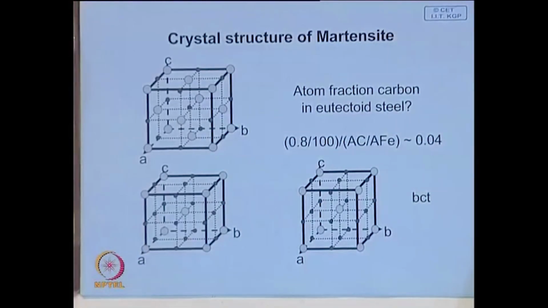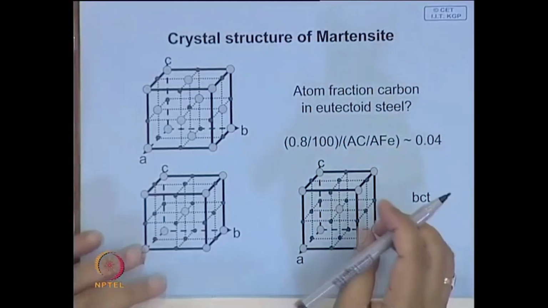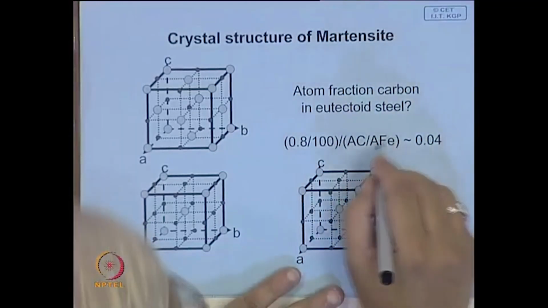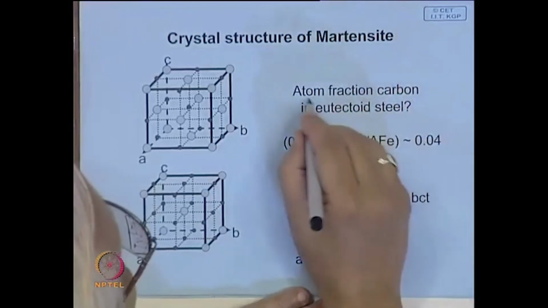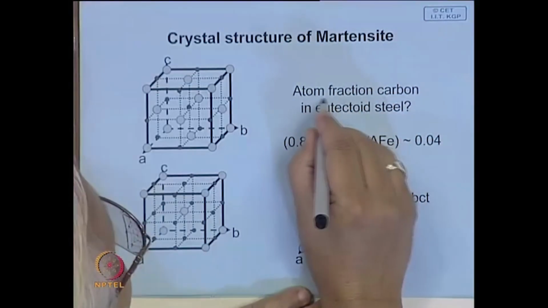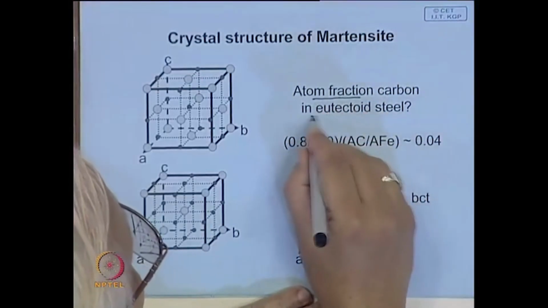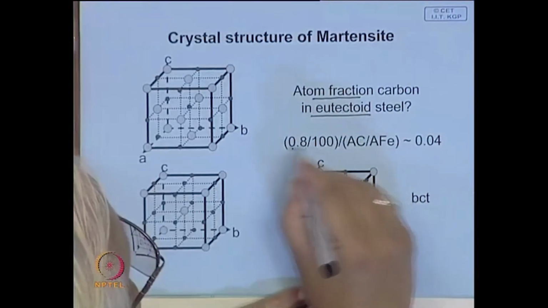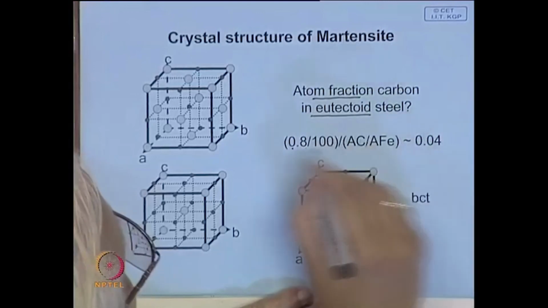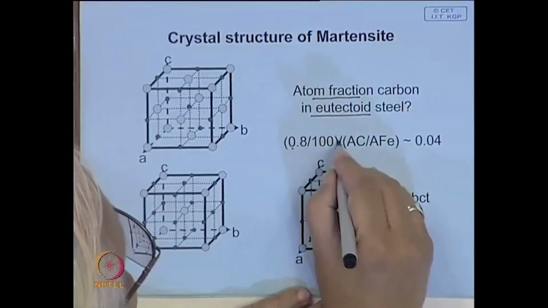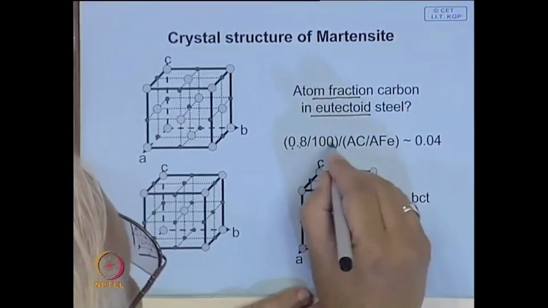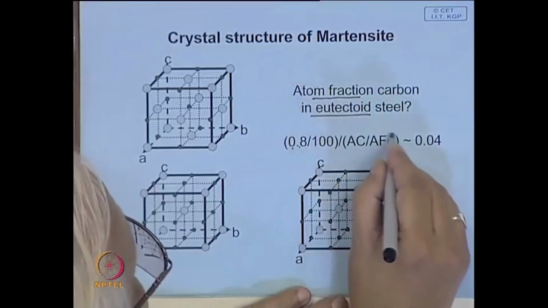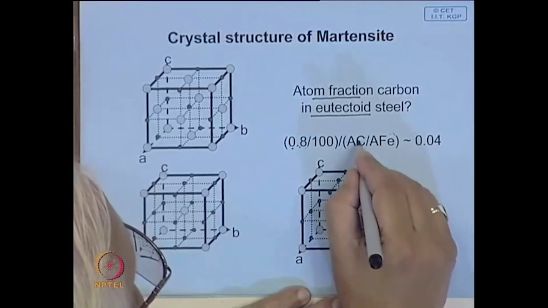Now, a point about how many carbon atoms you have in steel. Suppose you look at this, how do you calculate the atom fraction of carbon in eutectoid steel? Eutectoid steel has 0.8% carbon. To convert it into atomic fraction, you multiply 0.08 by the atomic weight of iron and divide by the atomic weight of carbon.